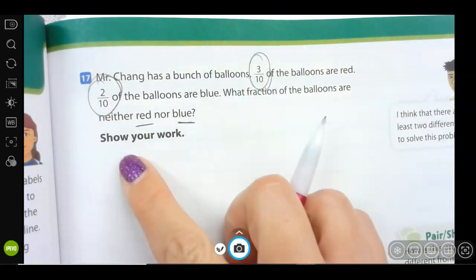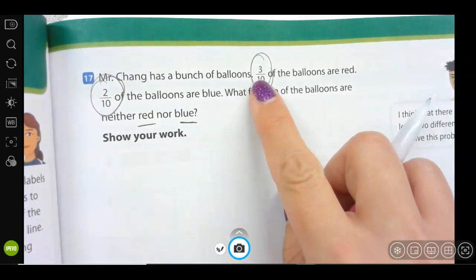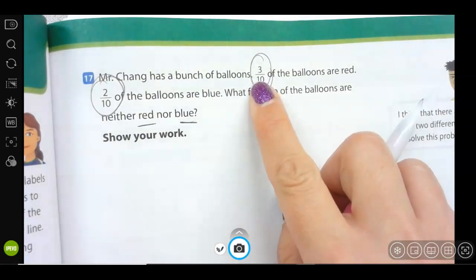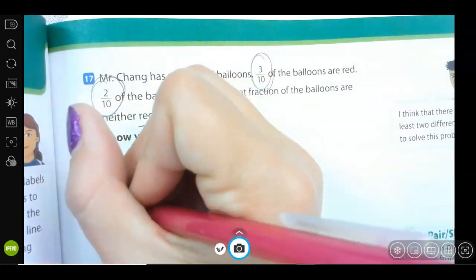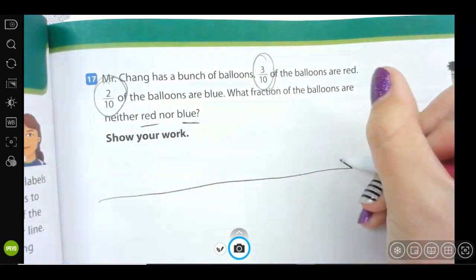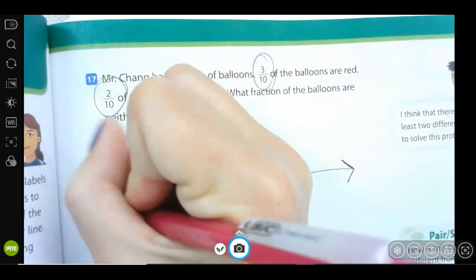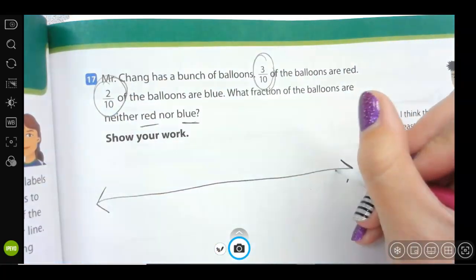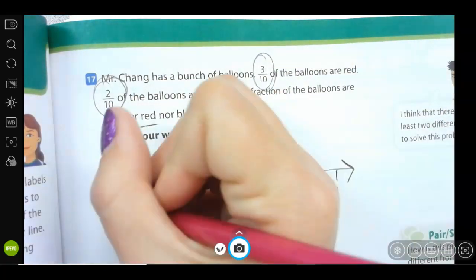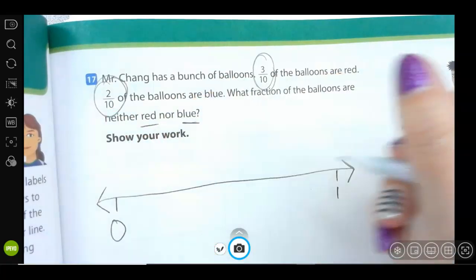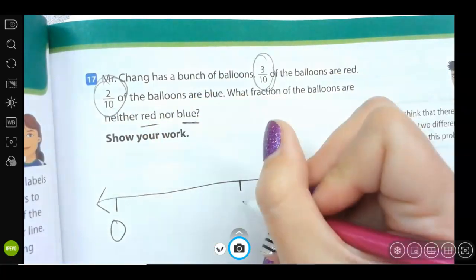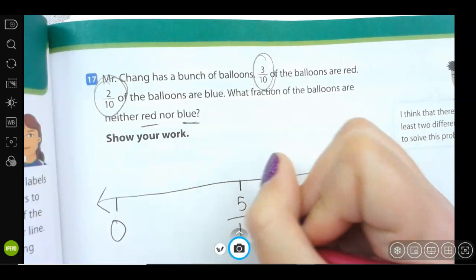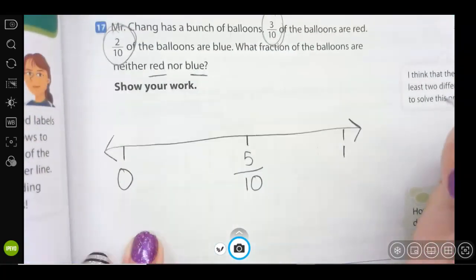So when we draw our number line, what are we going to break it down into? Tenths, right? So let's draw our number line. And we're going to break it down into tenths. Five tenths is our halfway point.